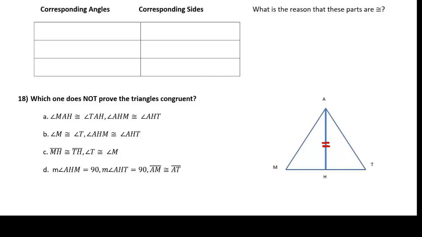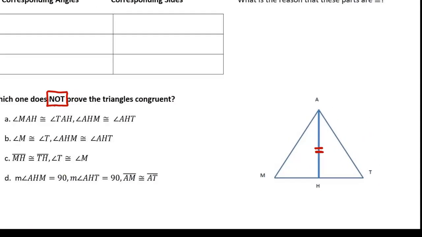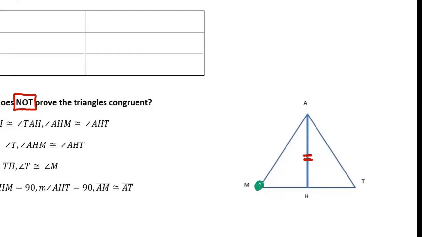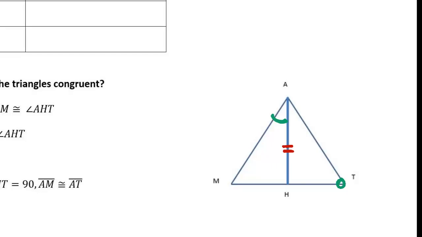All right, so let's look at option A. And remember, we are looking for the option that says they are not, like it's not enough to say that they are congruent. All right, I have angle MAH, so that's this angle up here, is congruent to angle TAH, so that's the other little top angle.